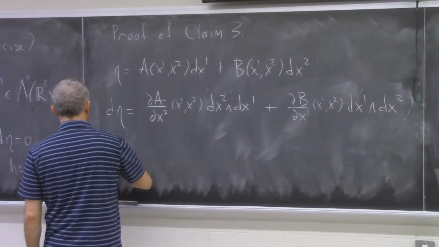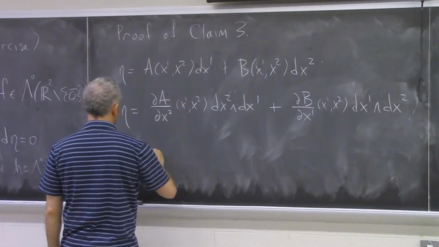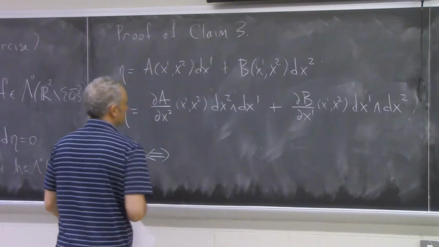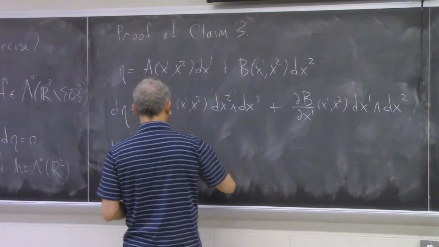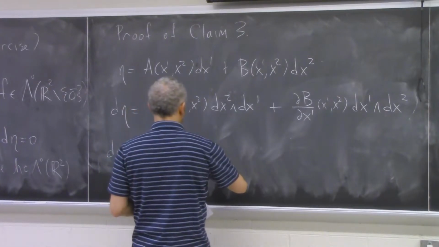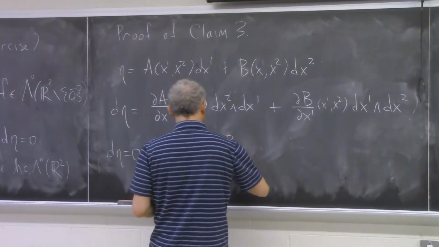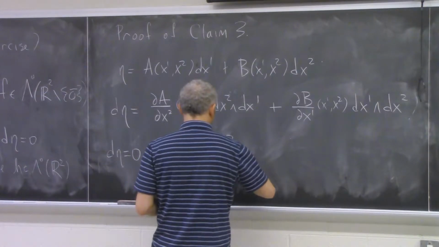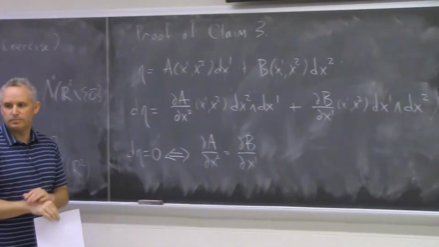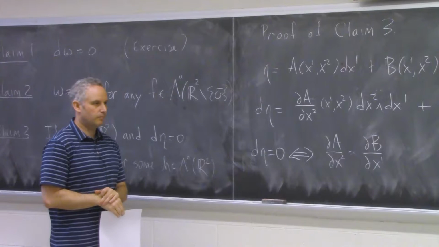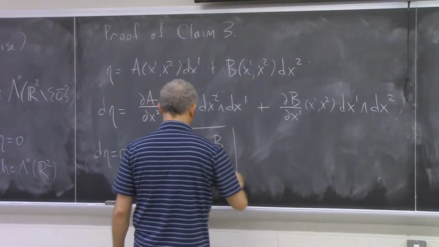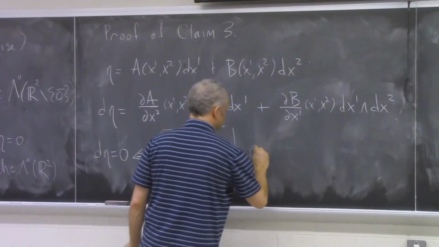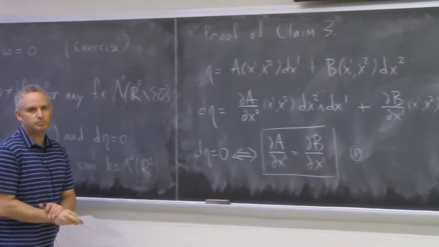So we see that the assumption that d eta equals 0 is equivalent to saying that the partial derivative of a with respect to x2 equals the partial derivative of b with respect to x1. Okay? All right, so this is what we're allowed to assume. Let's call that 1. Okay?